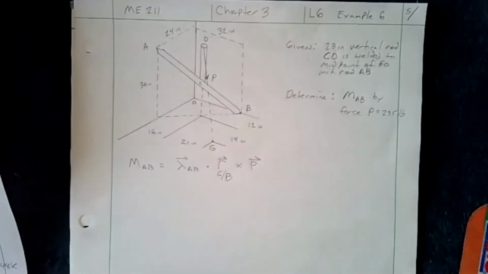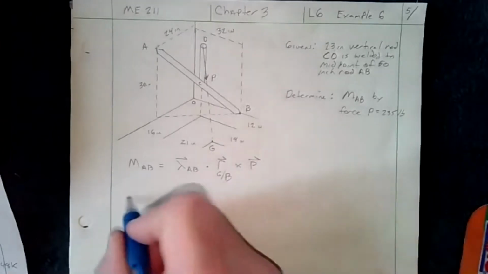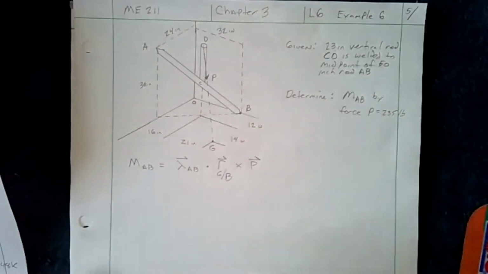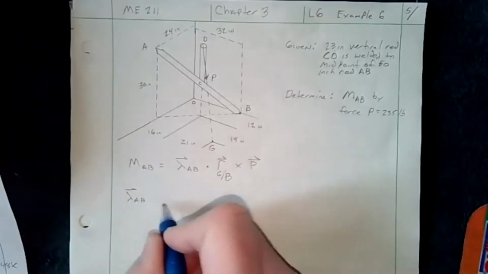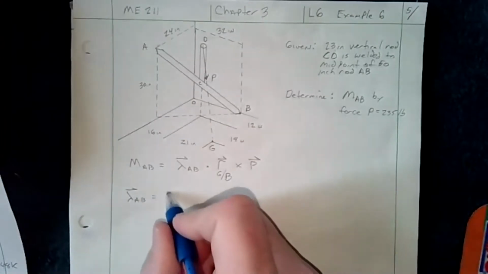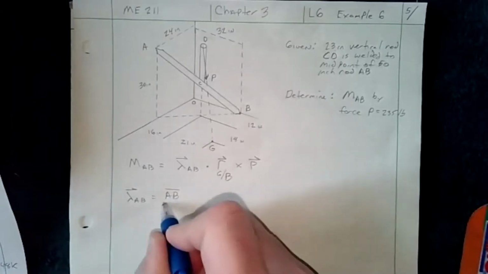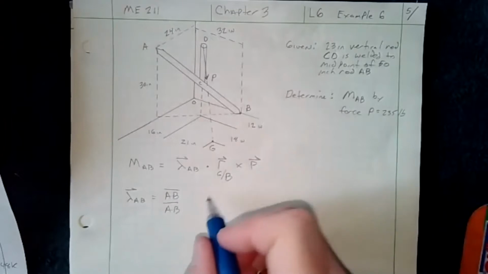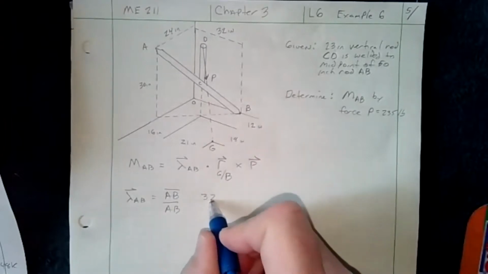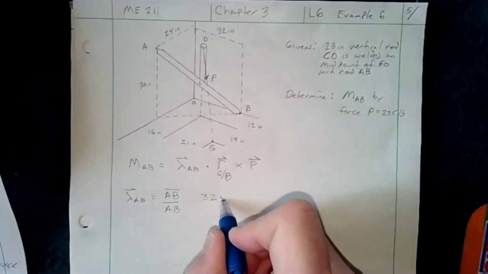First off, I'm going to figure out my unit vector for AB. So lambda AB equals AB over the magnitude of AB.